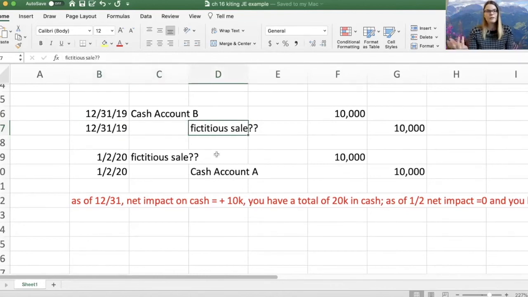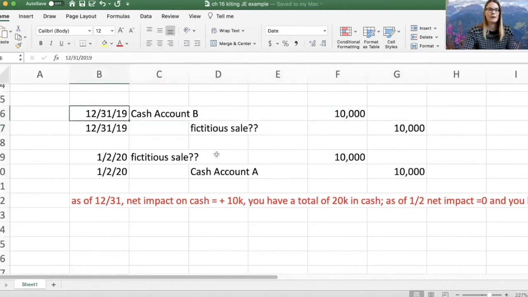And I've just said fictitious sale, but it could be something else. It does not have to be a sale. I just said that because let's face it, I want to make my books look as nice as possible, so it's going to be a cash sale. So I have this fictitious sale that I'm crediting, and I have the 10 grand here and the 10 grand here, right?